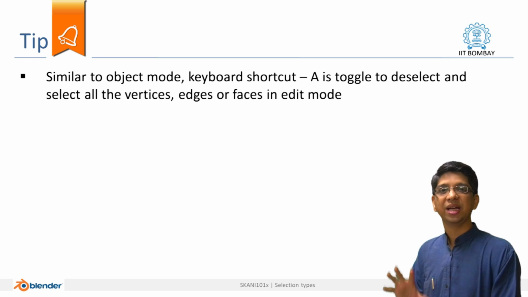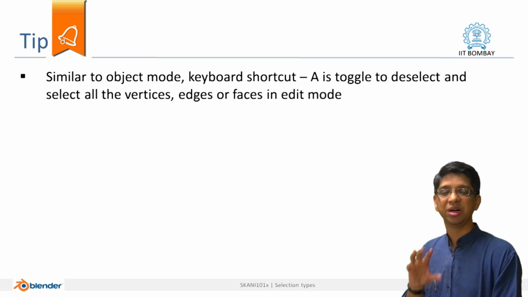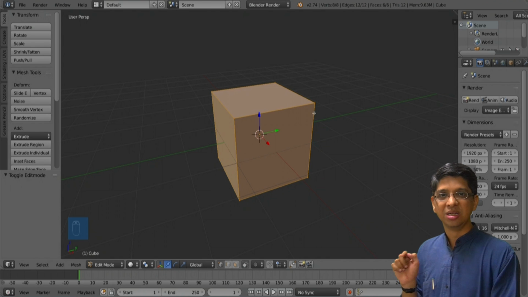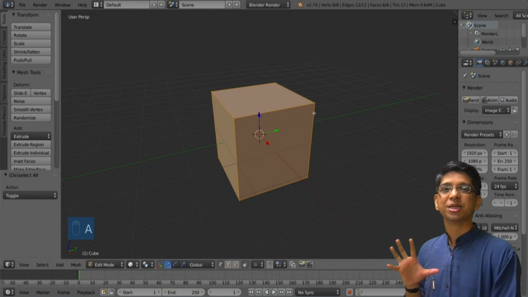In order to select and deselect the components in the particular scene, the shortcut is A. A stands for all. So the moment I press A, you can see that none of them are selected right now. The moment I press A again, you see that all of them are selected.